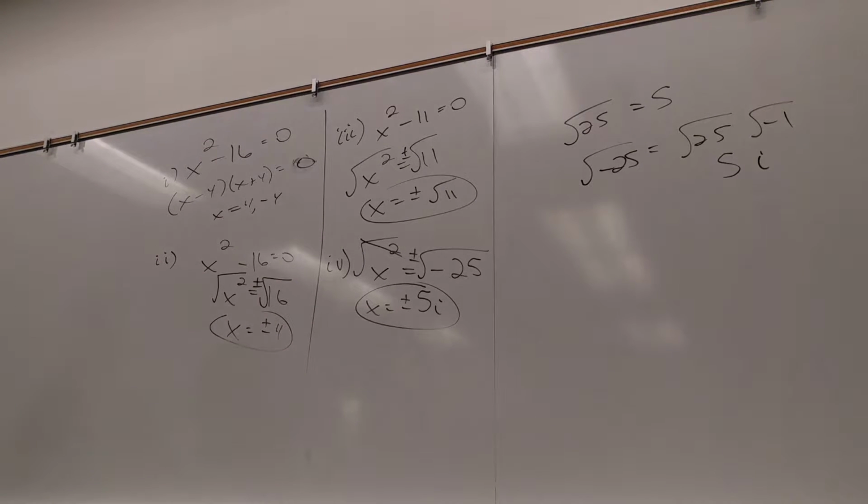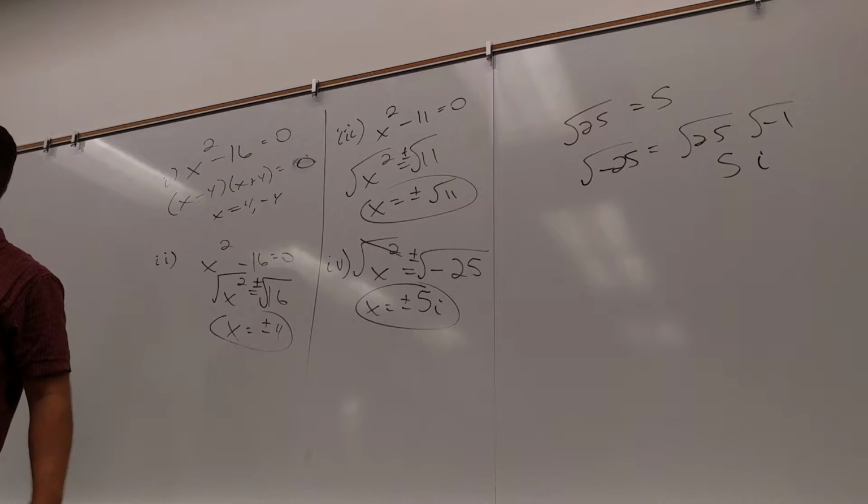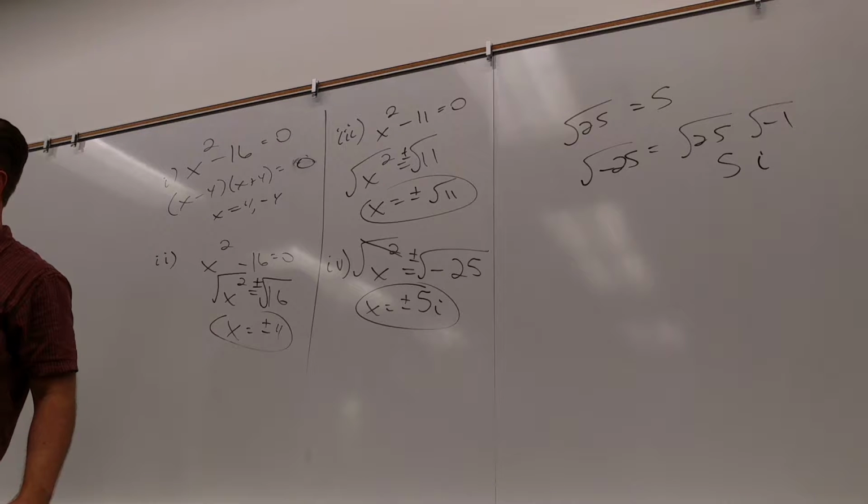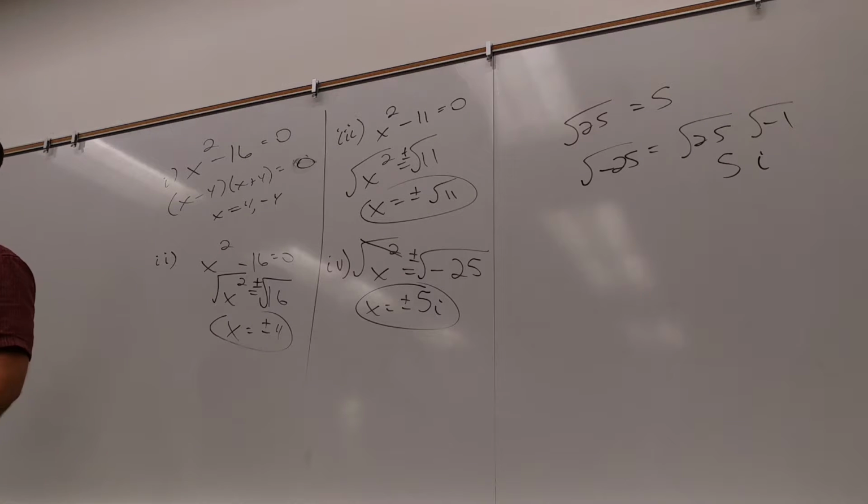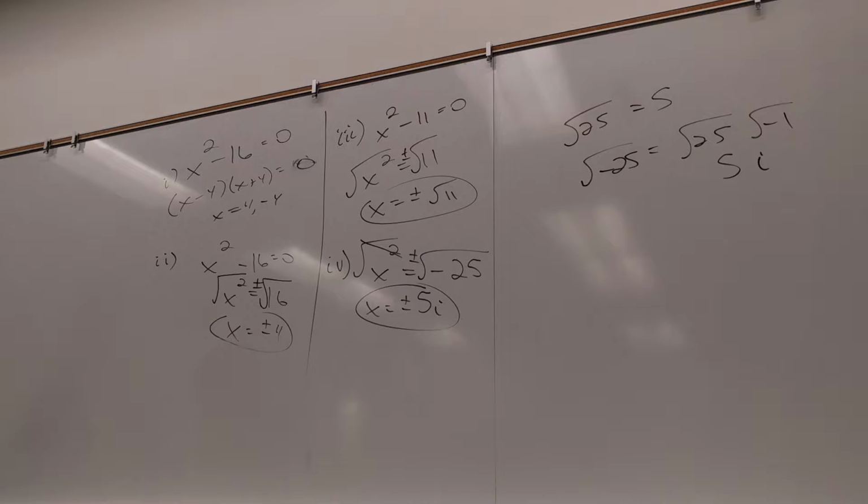Yes, sir? This will work in squares and fourths. Will it work in higher roots? We're going to stick with squares because the higher level roots get weird with complex numbers. When we start talking about the quadratic formula, that's where we're going to get the complex answers for an x cubed equation.